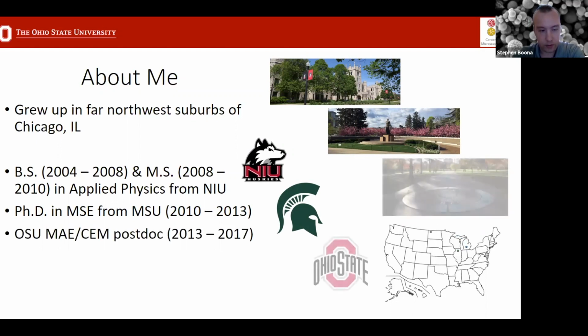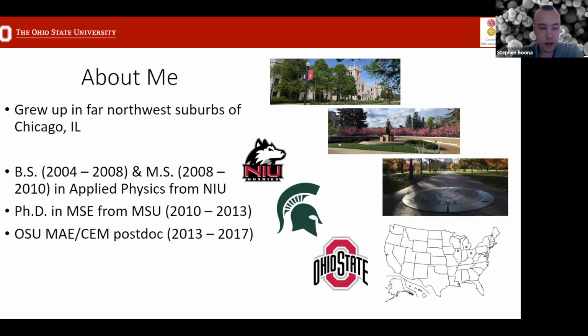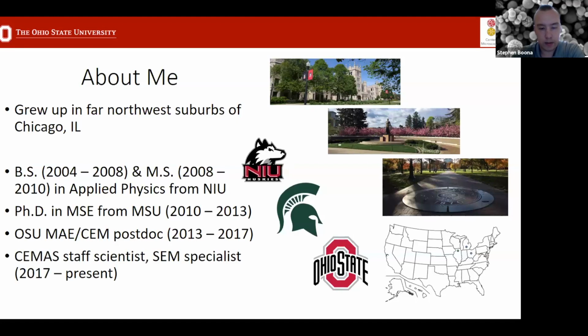And then in 2013, I came straight to Ohio State to take a postdoc position working with Joseph Harrimans in mechanical engineering and with the Center for Emergent Materials for a few years. And around that time, I was able to find an opening at CMS for a staff position specializing in scanning electron microscopes. And so I've been working at CMS since 2017.